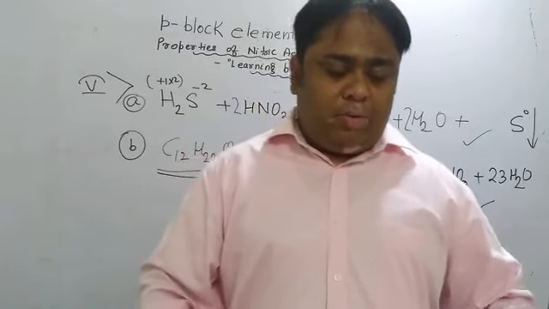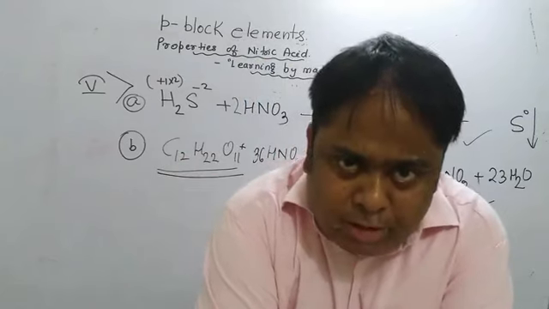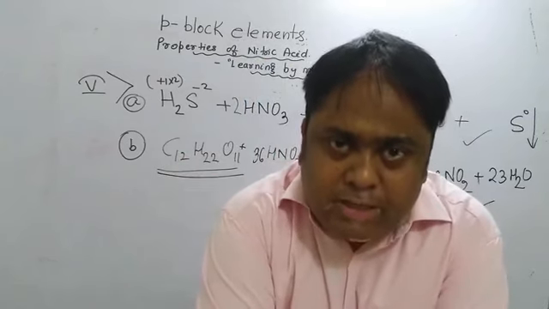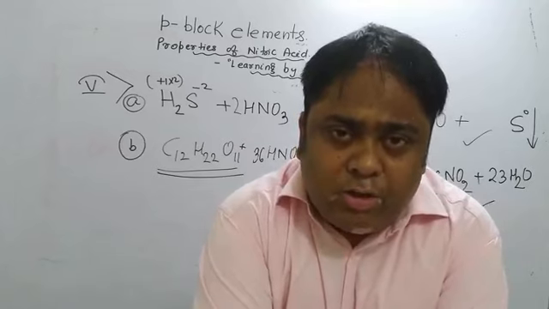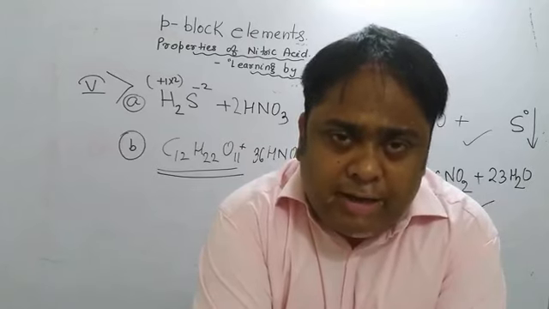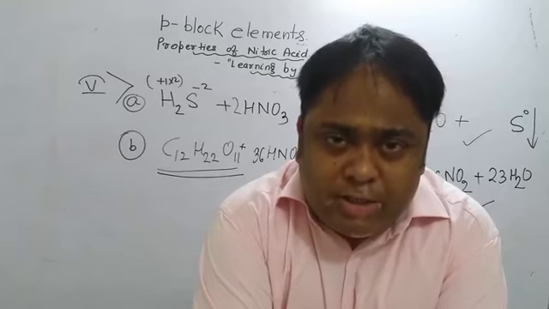Now what happens is that when nitric acid is formed, it is formed in the form of HNO3 plus H2O. There is some amount of water in that also. Now you know that when two solvents are mixed together, at a particular concentration, they form equal boiling mixtures.